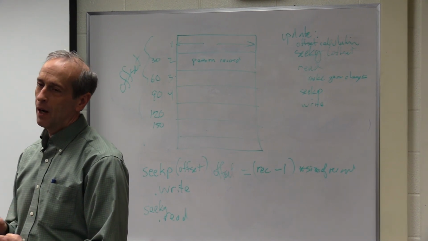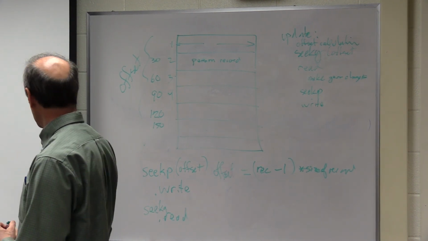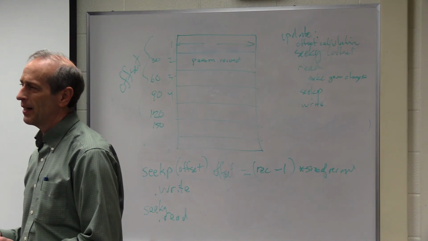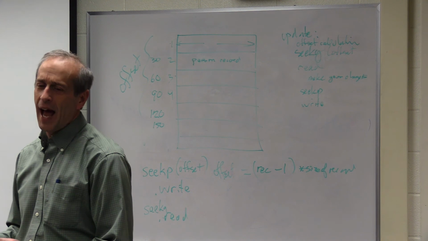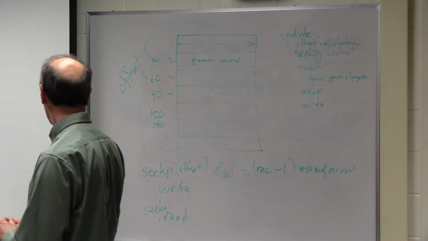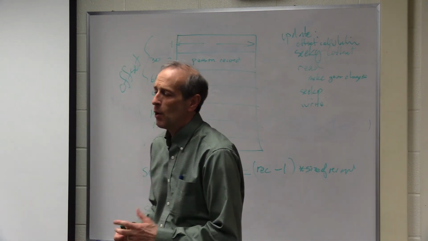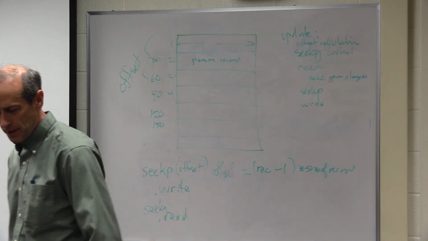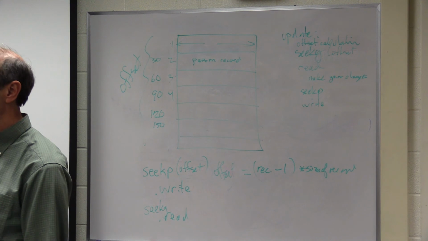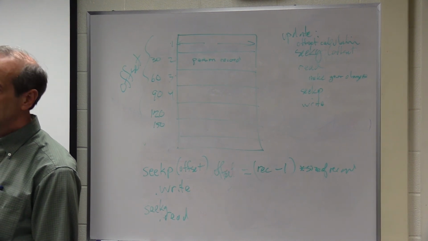So this may be more of an academic exercise than it is practical. But one never knows if you might encounter a system that might be using a random access file. You should know what it is.